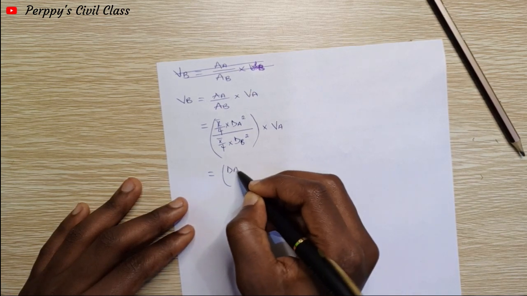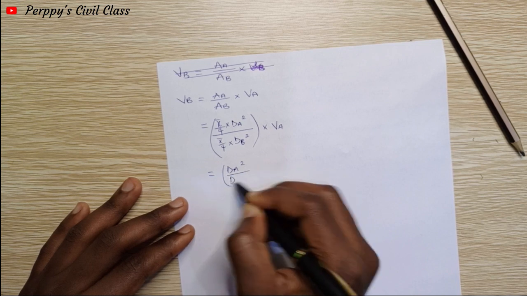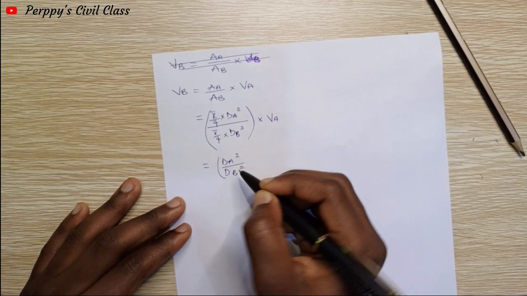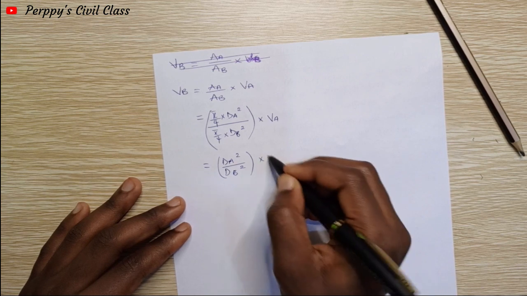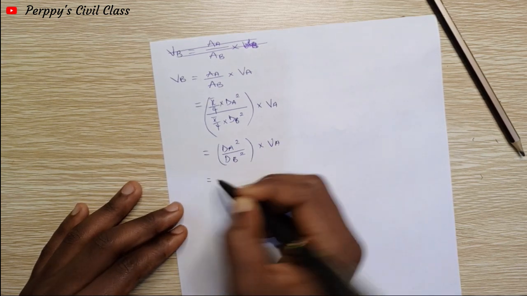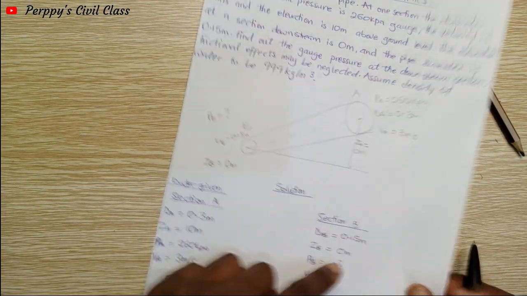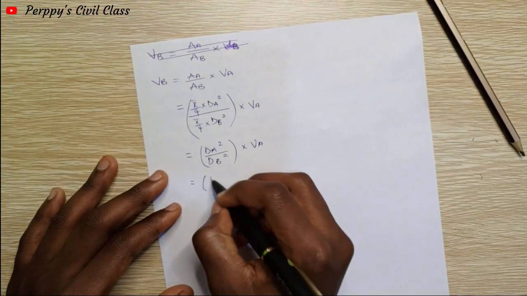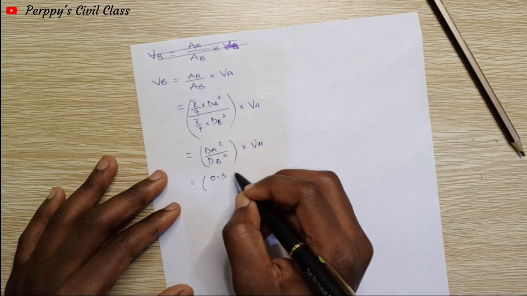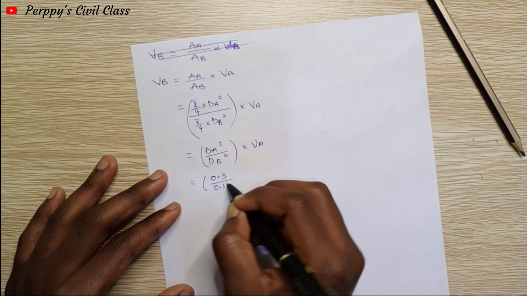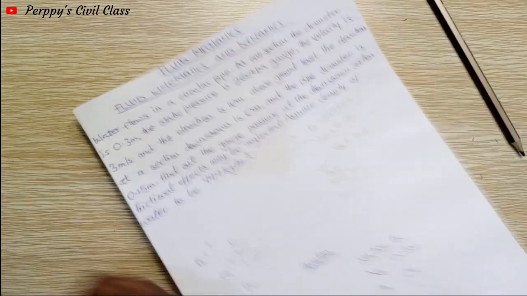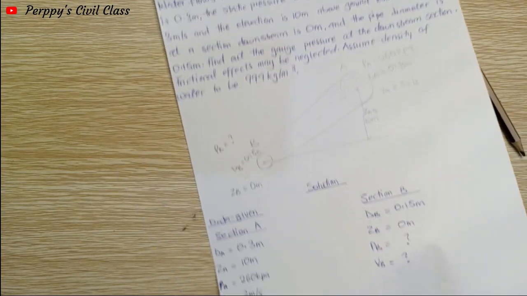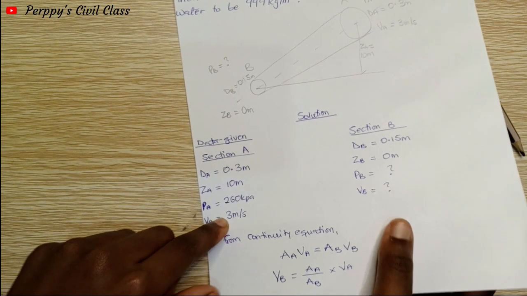Now we have DA squared divided by DB squared multiplied by VA. DA is 0.3, DB is 0.15, so 0.3 divided by 0.15, all squared, multiplied by VA, 3 meters per second.